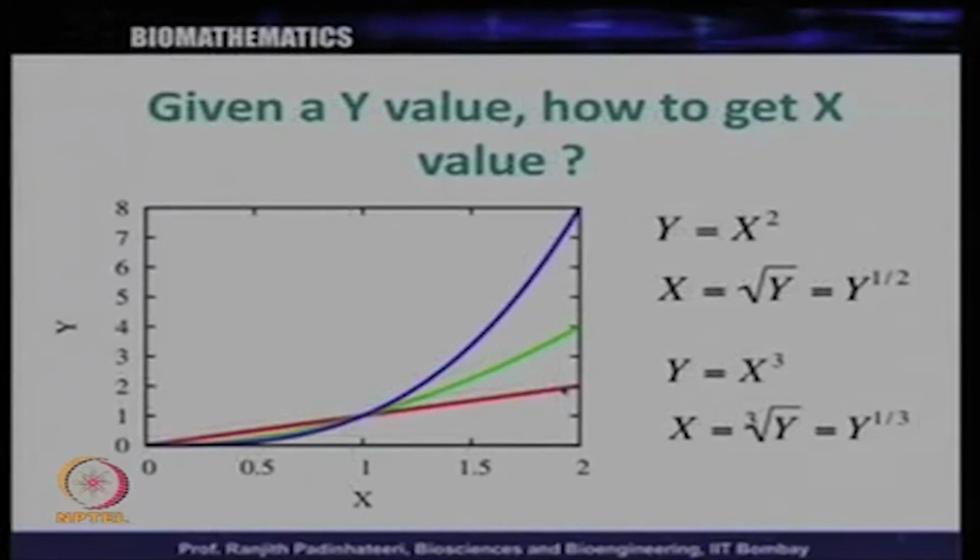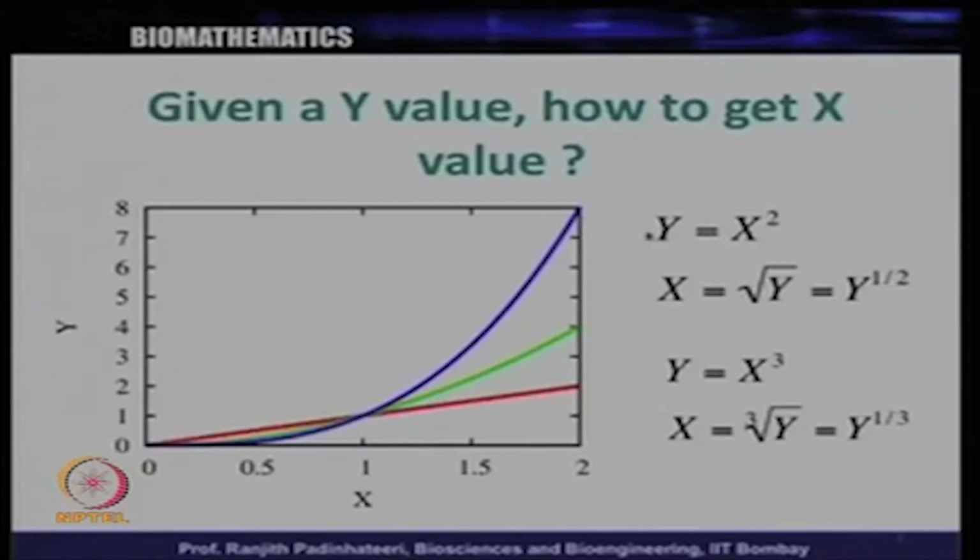So, let us look at some examples here. The red, green and blue curves are: y equal to x is red, y equal to x square is green, y equal to x cube is blue. We have seen this plot in the previous lectures. If in any of these cases you know the y value, how will you calculate the x value?